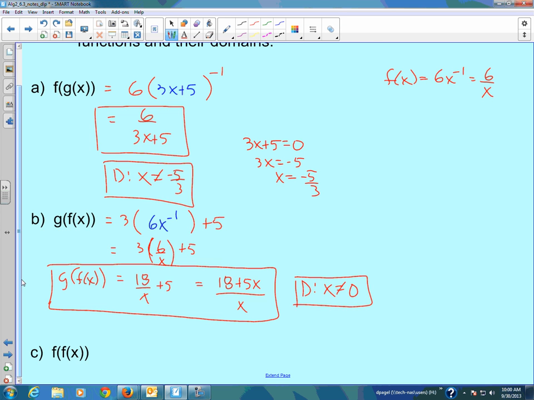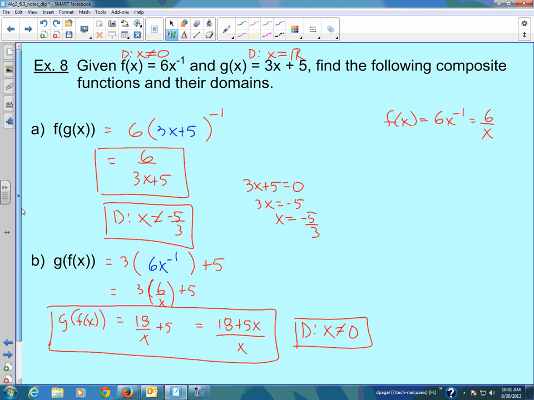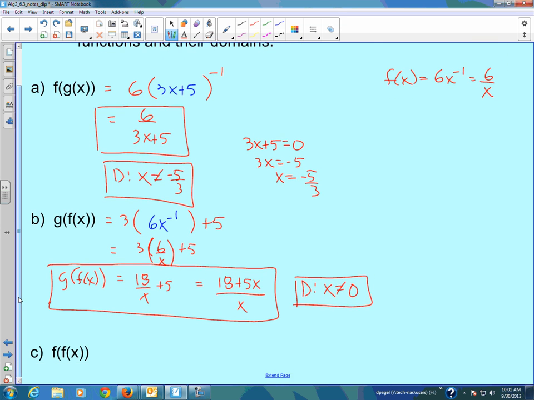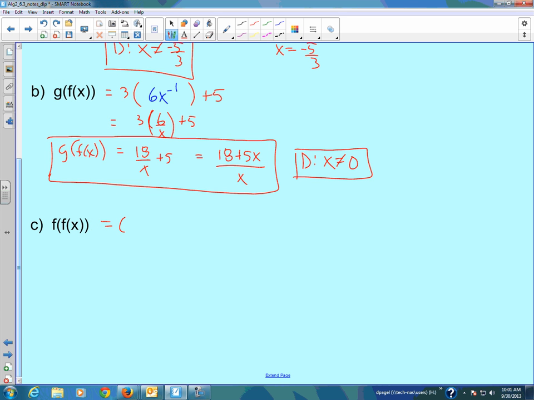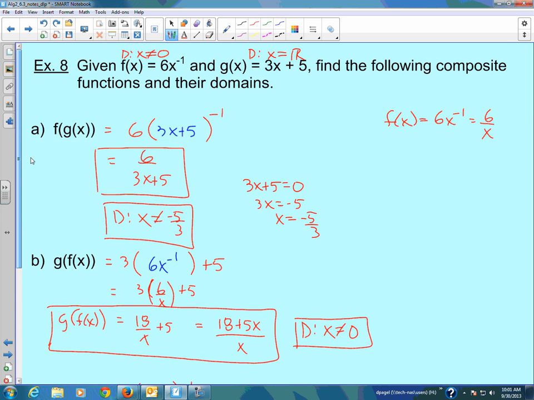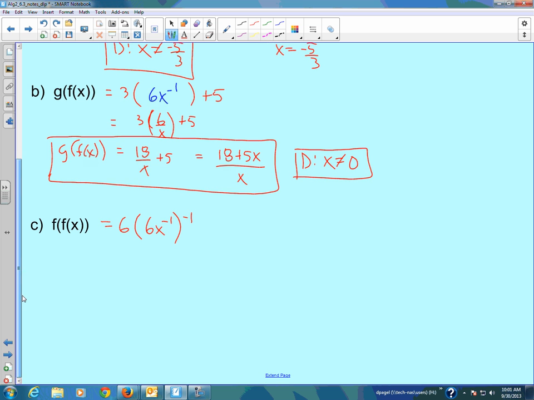And then how about f of f of x? So now we're going to plug a 6 times 6x to the negative 1, and then raise that to the negative 1 power. 6x to the negative first is going to become that. So now I get a 6, and I get 6 to the negative first, x to the first.